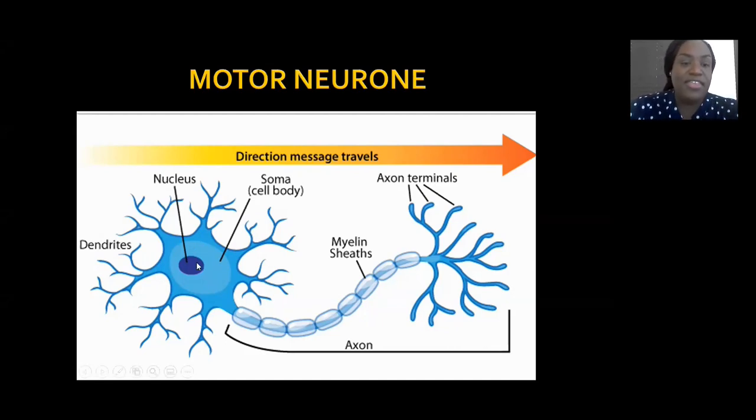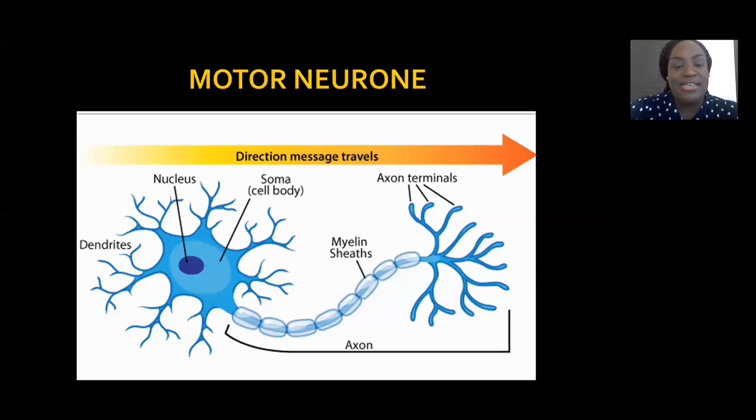You have the nucleus as well as the cell body, which contains the cytoplasm. Now, what's interesting is that in the motor neuron, the dendrites are actually attached to the cell body. In the sensory neuron, there were no dendrites attached to it. Now, if you remember, the function of dendrites is really to connect and pass on that electrical impulse from one neuron to the other.